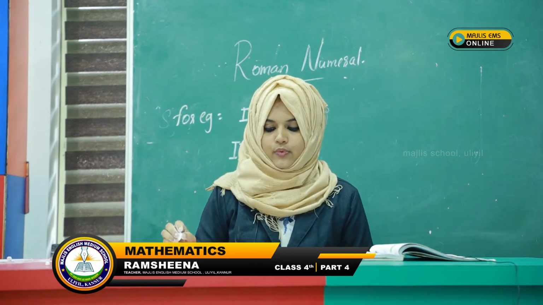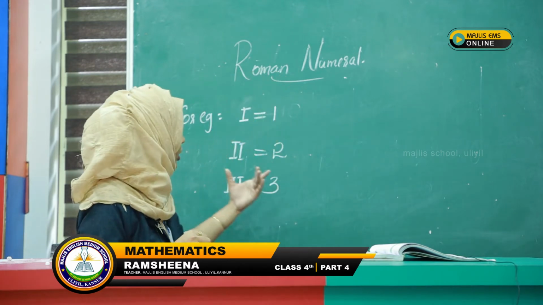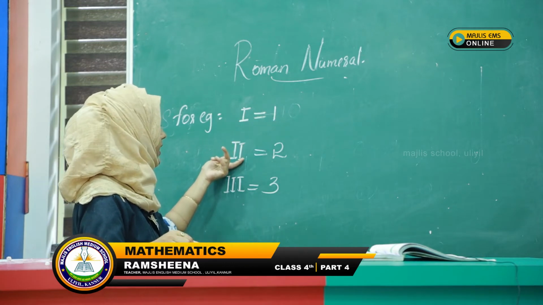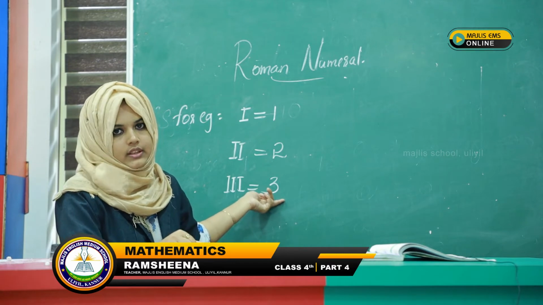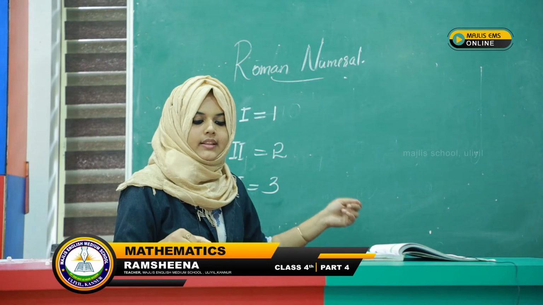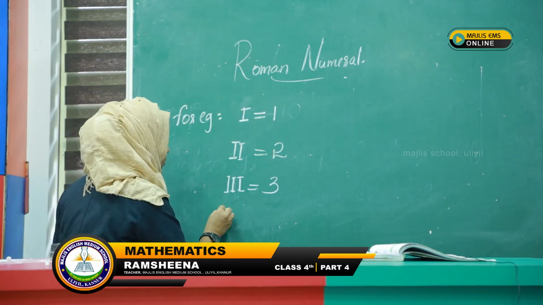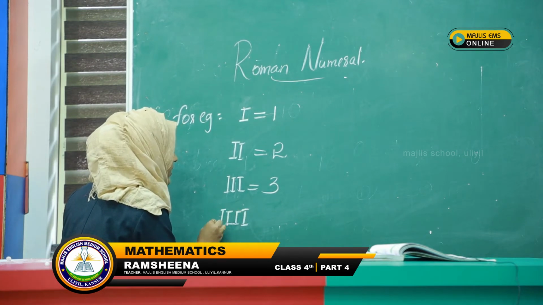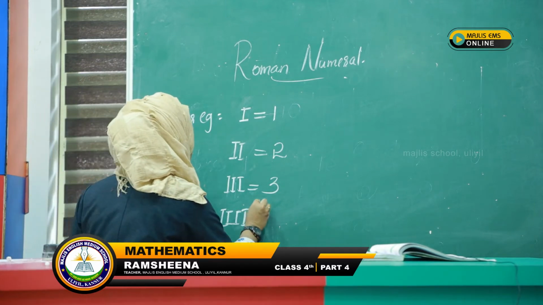Then how to write 4? In the Roman system, I is 1, I I is 2, I I I is 3. Then how to write 4? We cannot write I I I I. This is wrong.